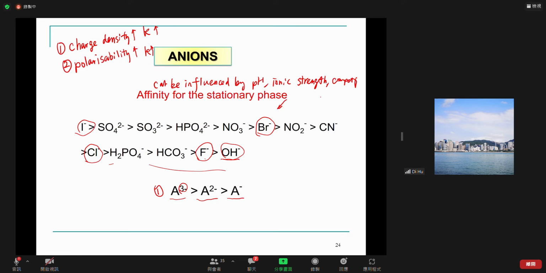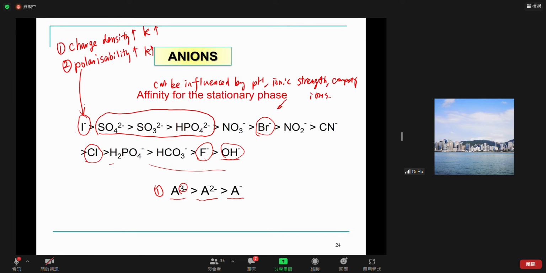Competing ions, those kinds of things can influence that. Okay, so here you see that charge density plays a role, and you can see here, secondarily charged, A2- larger than A-. But why do I see this one is monovalent? Why is it here? It's talking about polarizability. So this is also because polarizability influences that.